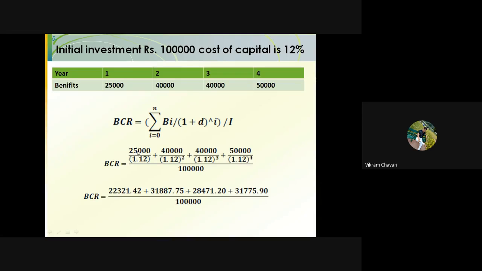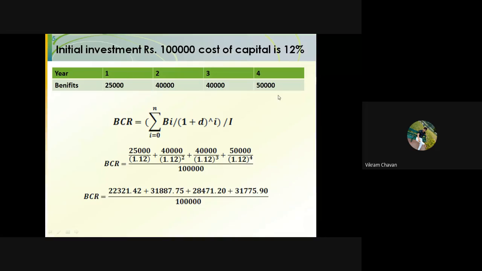So it will become 25,000 divided by 1.12, plus for the second year the benefits received, 40,000 divided by 1.12 raised to 2, because we are calculating for the second year. Plus for the third year also 40,000 divided by 1.12 raised to 3.